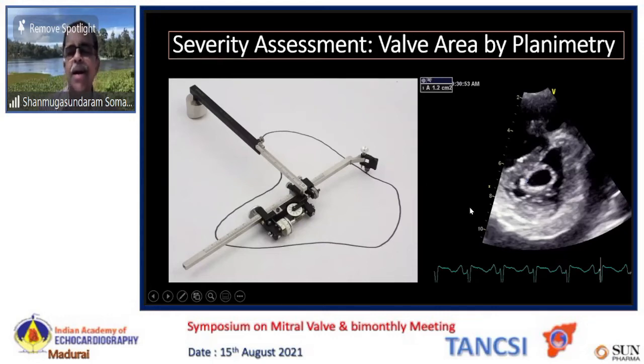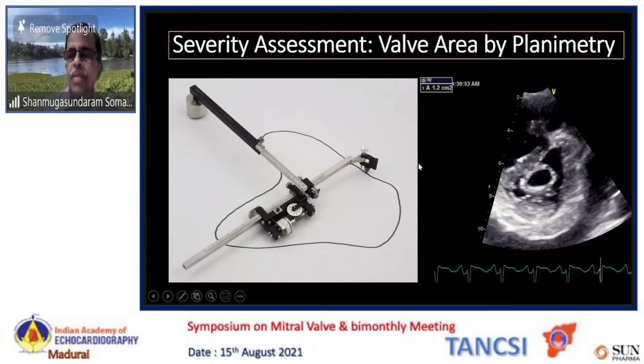My mentor bought a planimeter from his engineering friend and gave it to us to measure the valve area. But once the Doppler was introduced, there was a lot of enthusiasm about the accuracy of estimation of severity. But after years of usage of Doppler techniques, we realized that all of them do have limitations.